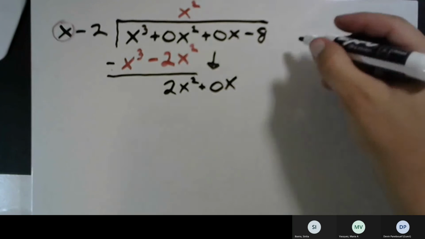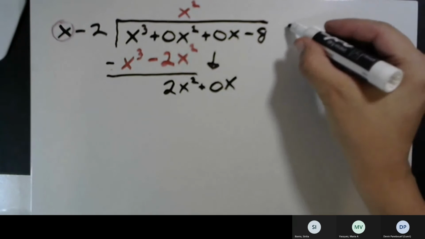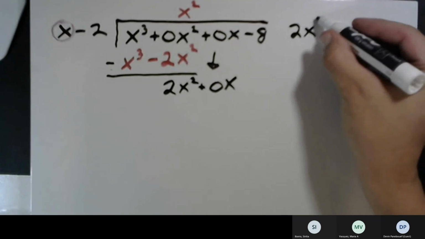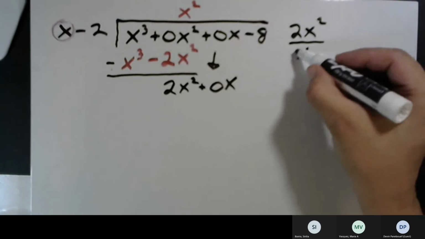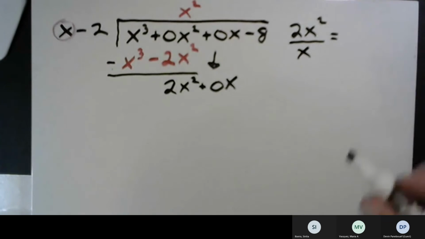Now we do the second cycle. It's going to be 2x squared divided by x. And that's going to come out to 2x.